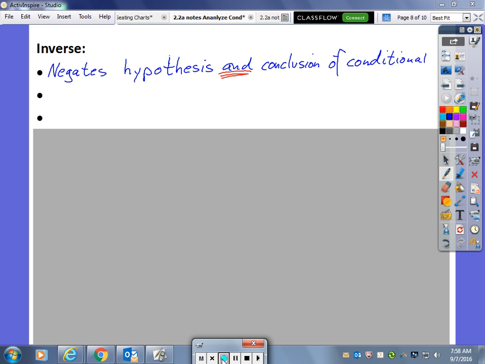In symbolic notation, we use the squiggly line and we write not P, arrow, not Q. The inverse, as we have stated above, is equivalent to the converse in terms of its truth value.